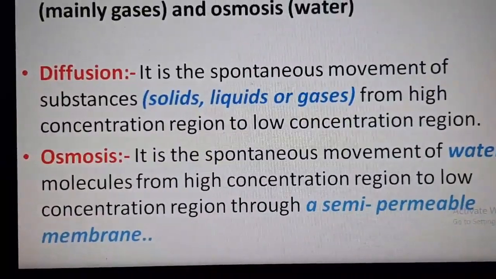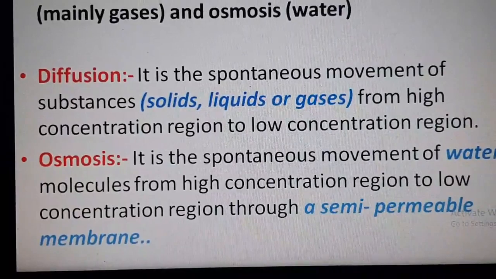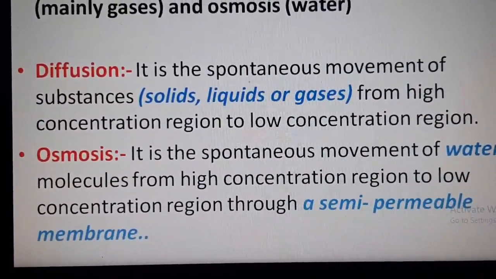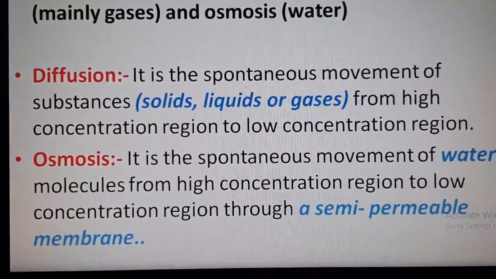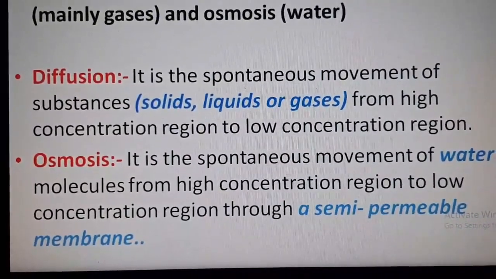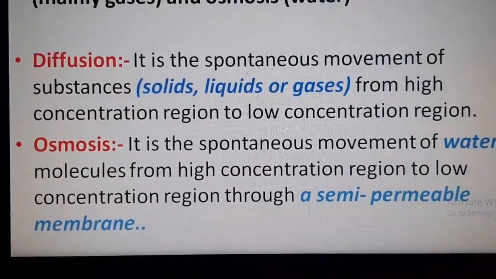The substances differ, and one more difference is the membrane. In osmosis, a semi-permeable membrane is required for the movement of the water molecules, but in diffusion no such membrane is required. So are you clear with these two terms?